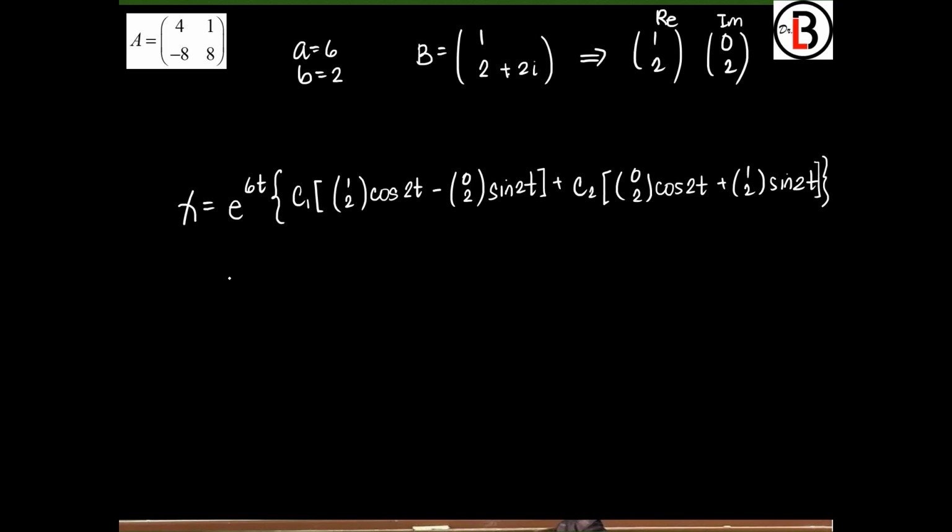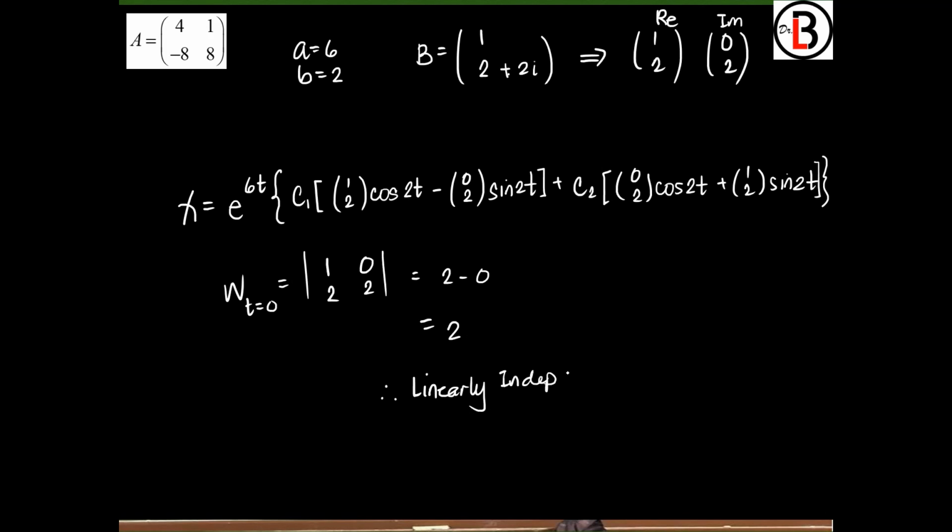So how do you solve for the Wronskian again? The Wronskian is solved when t equals 0. Can you give me the matrix for the Wronskian? 1, 2, 0, 2. No problem with that. And that's equal to 2 minus 0, 2. So linearly independent.